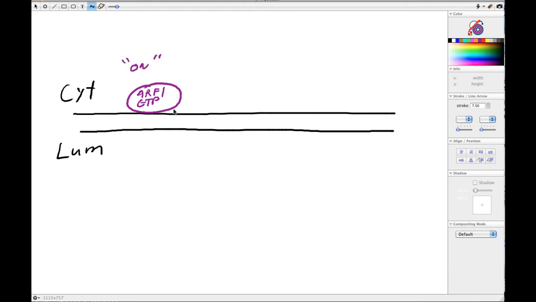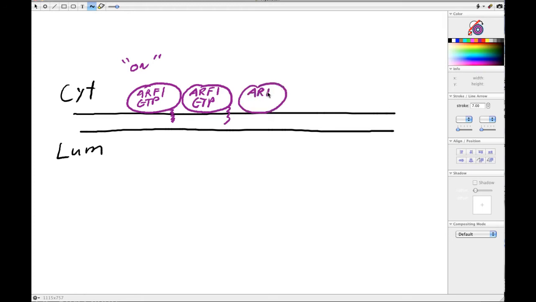And what does it mean for it to be on? While SAR1 flips out a hydrophobic peptide, ARF1 has a lipid modification that's kind of buried into the protein. And conceptually, it's the same thing. It pops out and anchors the ARF1 to the membrane. And so you get this cluster of ARF1 GTP right on the membrane.